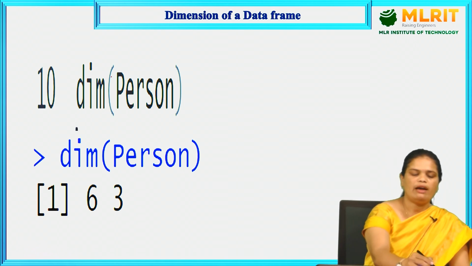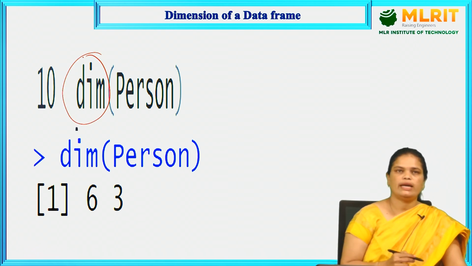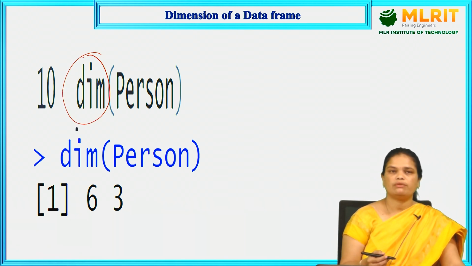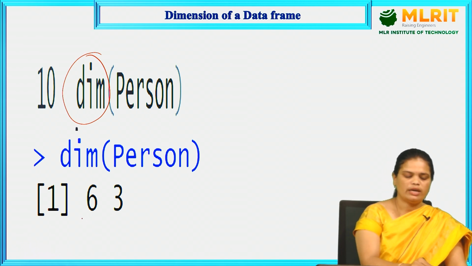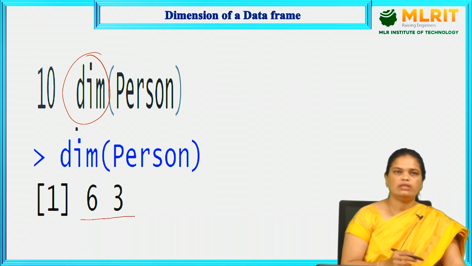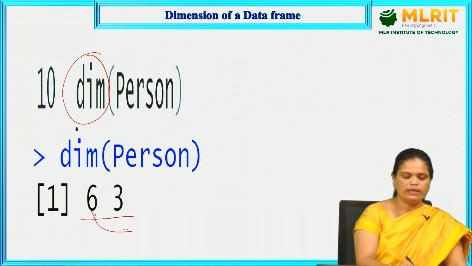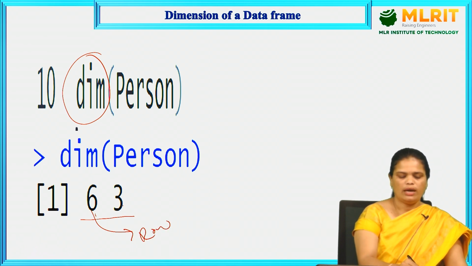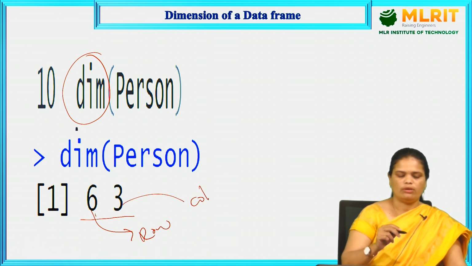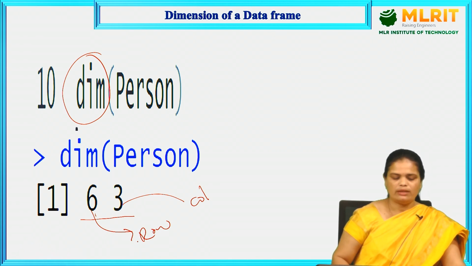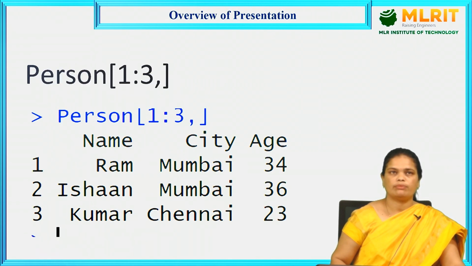Next we have a built-in function to know the dimension of a data frame. So we have 6 rows and 3 columns in the data frame.